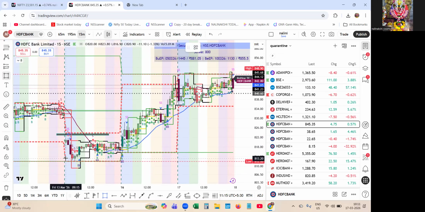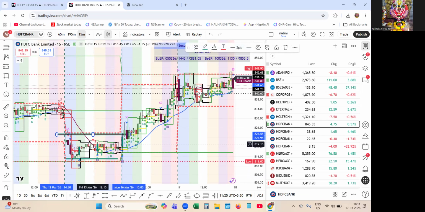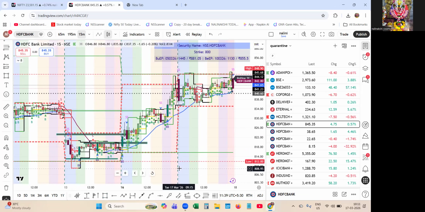It marks the high and low of the day in my indicator. Even though this stock closed within the range of the first hour high and low, the close was above the third hour high.